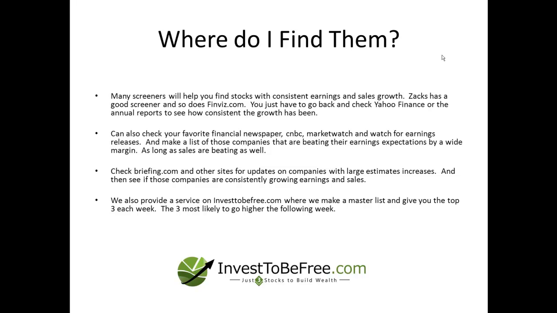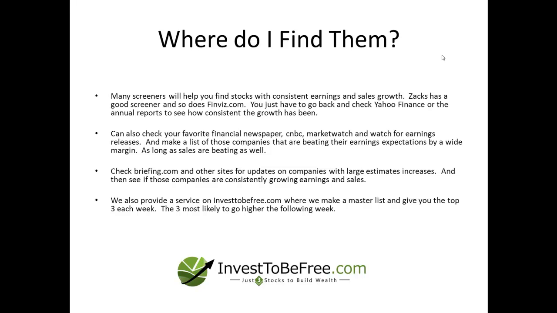And you just need to go back on some of these screeners and check, say, Yahoo Finance or the annual reports to see if the growth has been consistent. Because usually with these screeners, you can find the current growth, the growth this year, maybe next year, the expected growth. But finding historical growth is sometimes more difficult. Usually you can find an average growth, but we want companies that are growing consistently throughout the years.